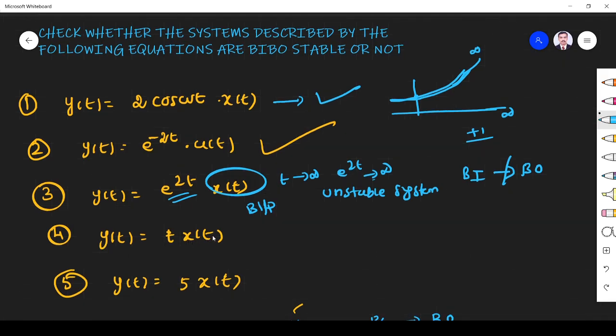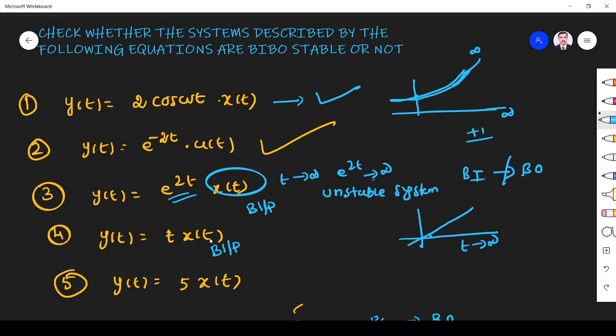Then what about y of t is equal to t into x of t? Let us assume the input is bounded. We always give the input as bounded. That is multiplied by t. When t tends to infinity, what will happen?